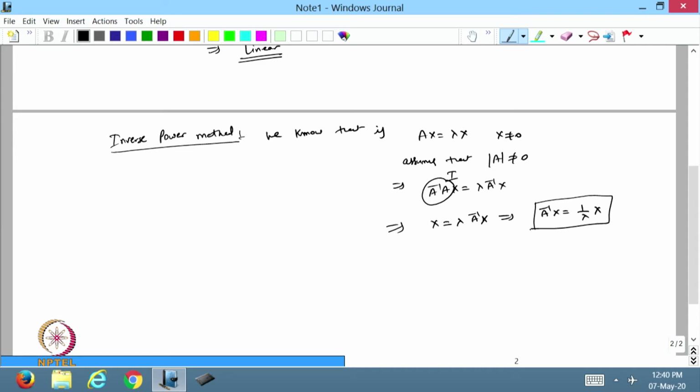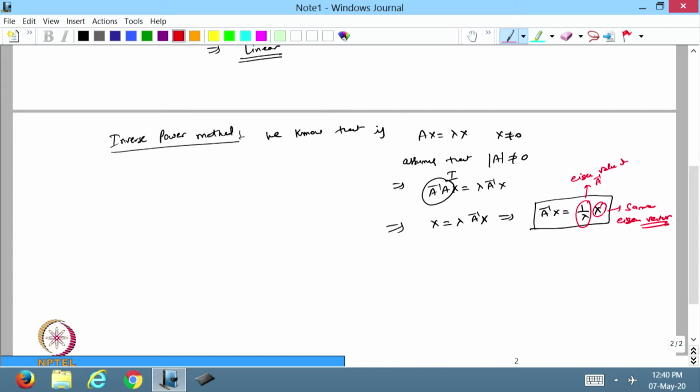So, now from here I can see that if lambda is the eigenvalue of matrix A, then 1 over lambda is the eigenvalue of the matrix A inverse with the same eigenvector.